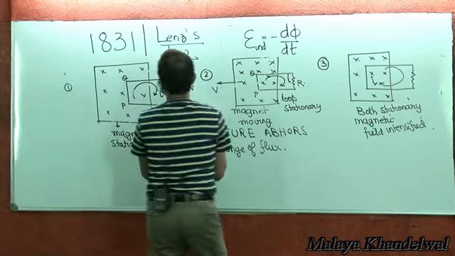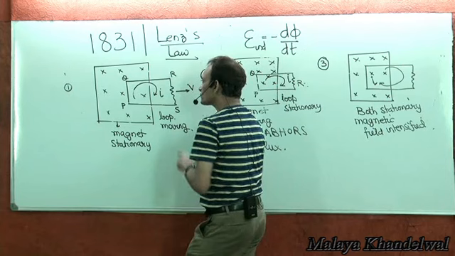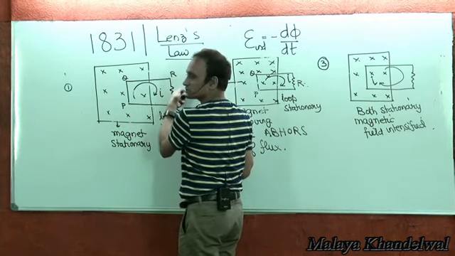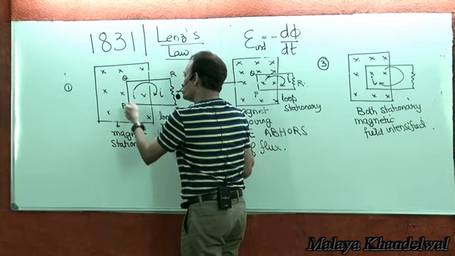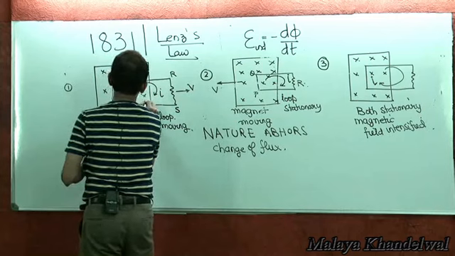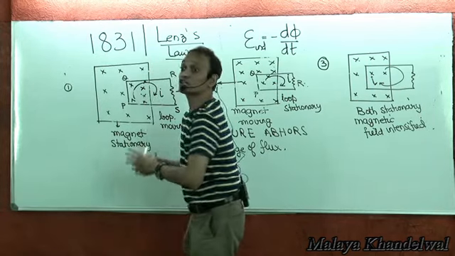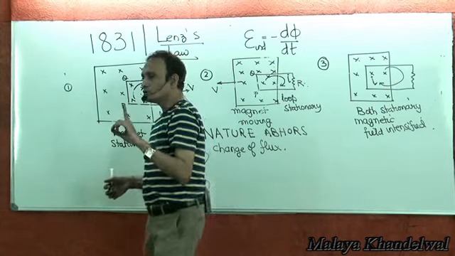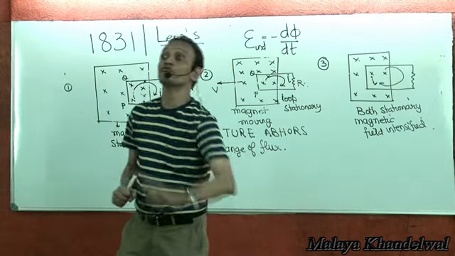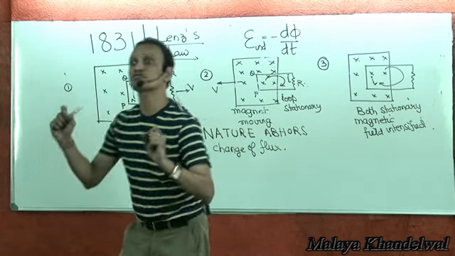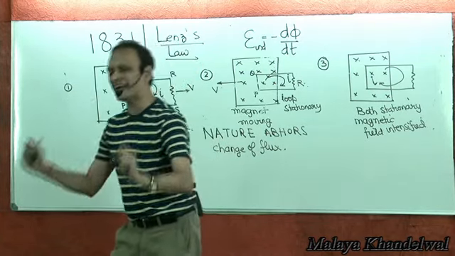In this case, for example, realize that when I move it to the right, this portion of the loop has magnetic flux associated with it, which decreases. The direction of the induced EMF would be such as to frustrate this, so as to mitigate this effect.